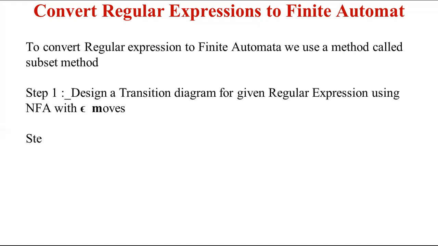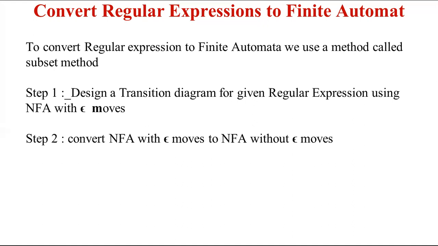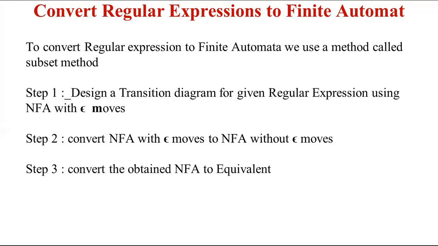After that, we have to convert the non-deterministic finite automata with epsilon moves to a non-deterministic finite automata without epsilon moves. And finally, we have to convert the non-deterministic finite automata to an equivalent deterministic finite automata.